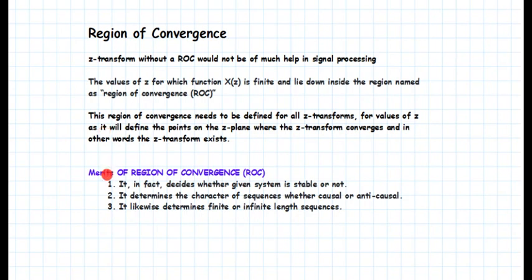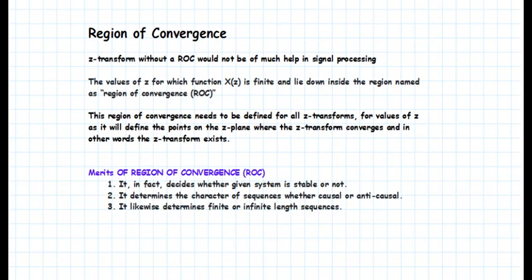So what are the merits of region of convergence? It helps us to determine the stability of the system. It also helps us to determine whether the system is causal or anti-causal or non-causal. So causality can be determined from ROC. Stability can be understood by the ROC, and even from the ROC, one can understand whether the signal is finite or infinite in length.